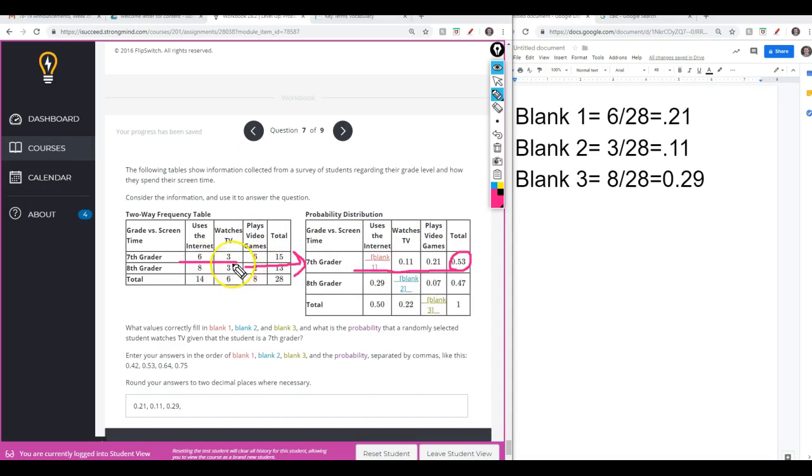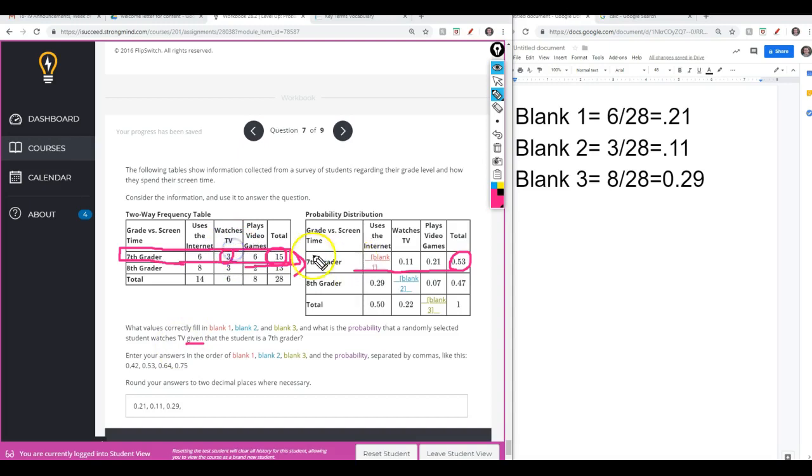It'll turn out to be the same either way. So they just want to narrow it down to the 7th graders that were surveyed because it says given that the student is a 7th grader. So that means they're narrowing their focus to only 7th graders. So there is a total of 7th graders right there. And now they want to know what is the percentage that they watched TV.